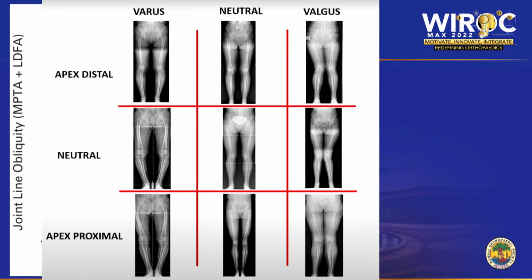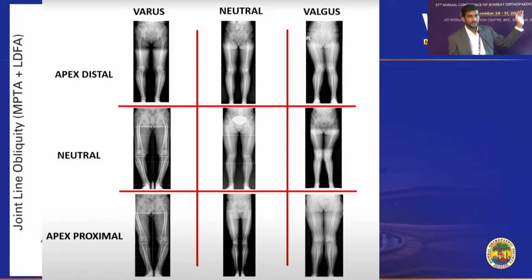I know this is a busy slide with scanograms that you can't really see, but all preoperative scanograms can literally be classified into one of these 9. We are checking the LDFA and the MPTA and calculating something called an arithmetic HKA. That means where the knee was before the arthritis happened, and we want to get all knees after the knee replacement to that spot.